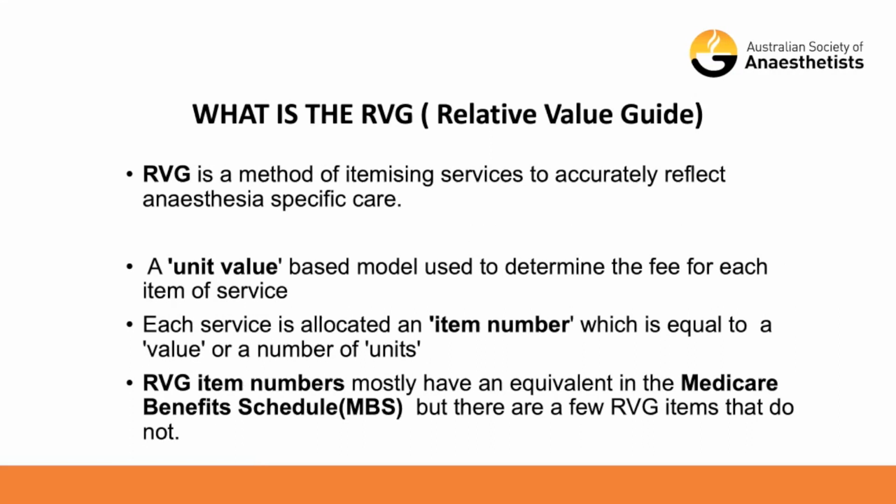It's a unit value-based model which is used to determine the fee for each item of service. Each service is allocated an item number, which is equal to a value or number of units. And the RVG item numbers mostly have an equivalent in the Medicare benefit schedule, although there are a few RVG items that do not.